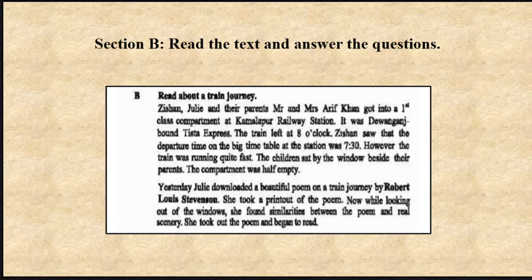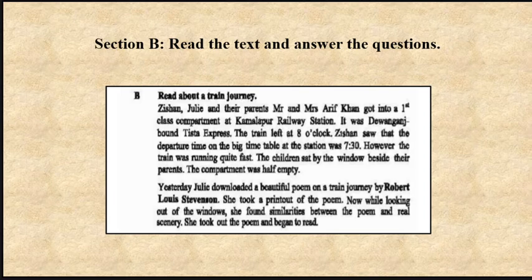Jishan, Julie and their parents, Mr. and Mrs. Arif Khan, got into a first-class compartment at Kamalapur railway station. It was the Dewanganj-bound Tista Express. The train left at 8 o'clock.